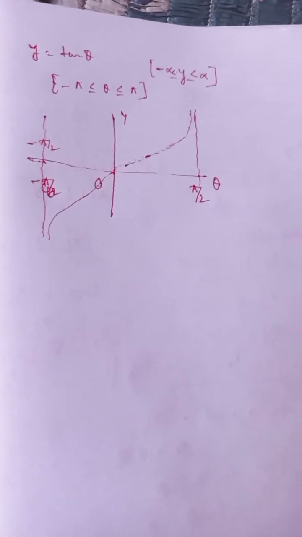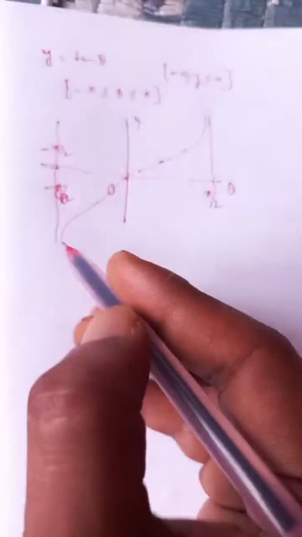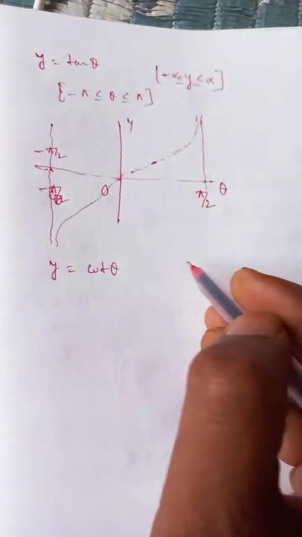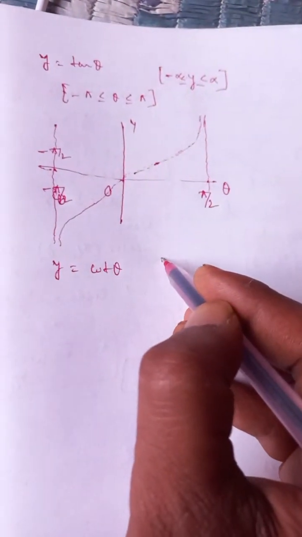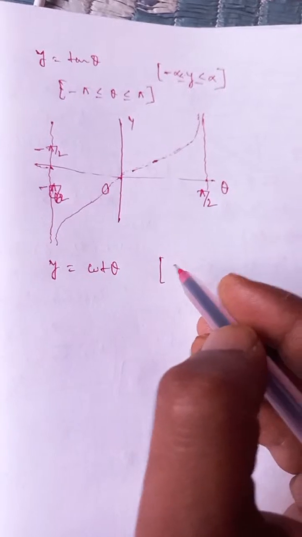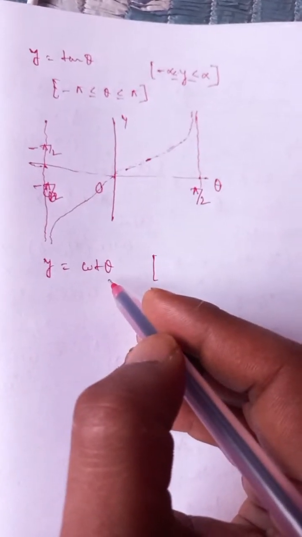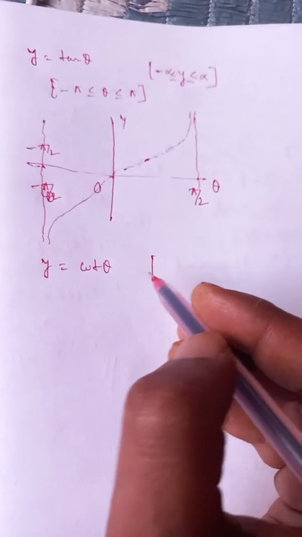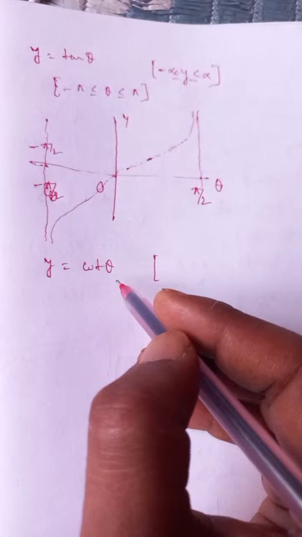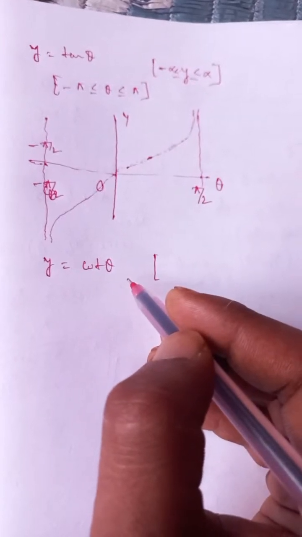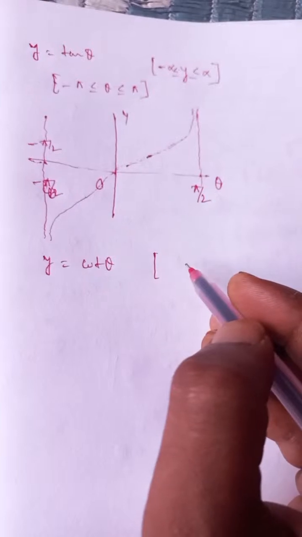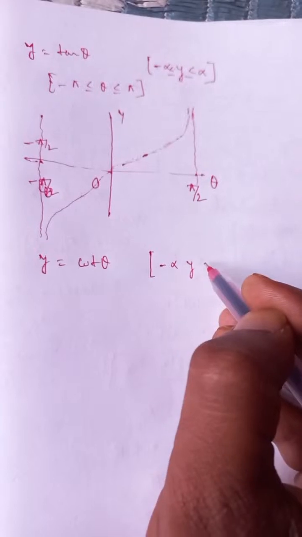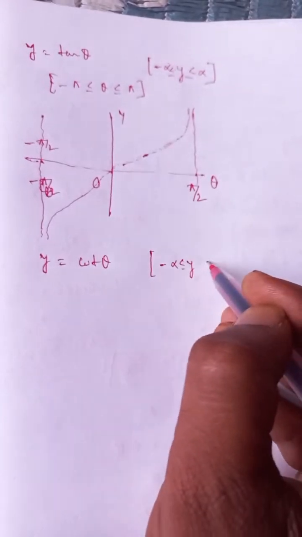For cot theta, the value for cot 0 is also from infinity to infinity.